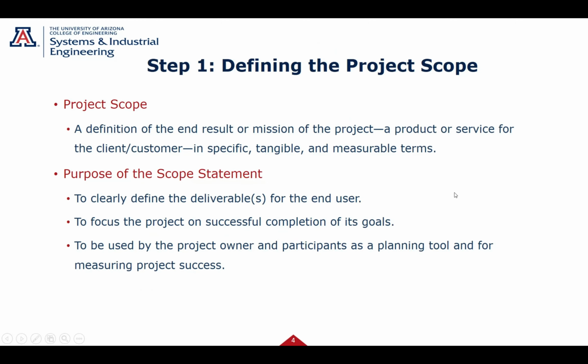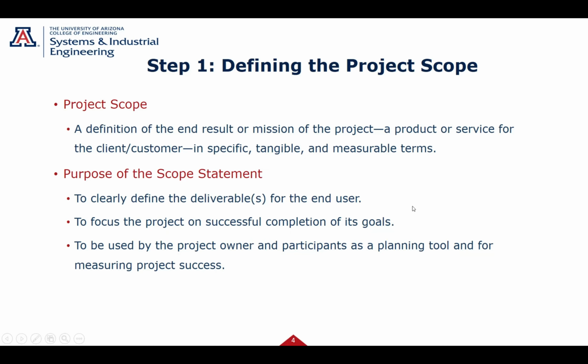So, defining the project scope. Scope is a definition of the end result or mission of the project, a product or service. It's in specific, tangible, and measurable terms. Okay, we'll talk some more about that. So, the purpose of the scope statement is to clearly define the deliverables. What is it that the customer is expecting delivered?